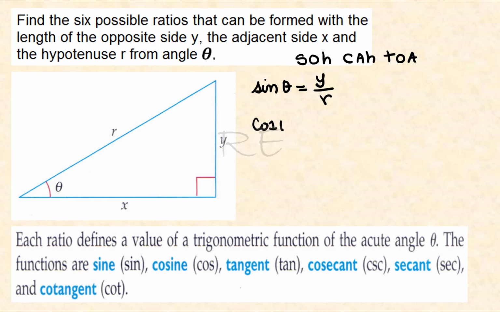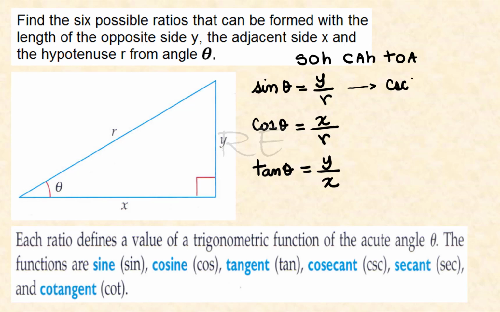The second ratio is the cosine, and we use the adjacent over the hypotenuse, r. And the third one is the tangent, and the tangent is the opposite, TOA, opposite, y, over adjacent, which is x.